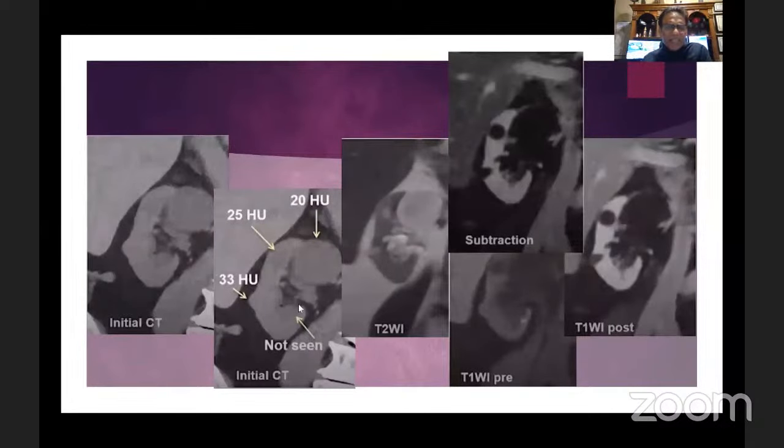So this patient had a CT scan without contrast, and you can see that this patient has multiple renal lesions, except one. Probably the rest of the lesions are not characterized on this non-contrast CT scan. You can go ahead and do a CT protocol with arterial venous phase. However, still there are going to be some lesions which are not going to be characterized.